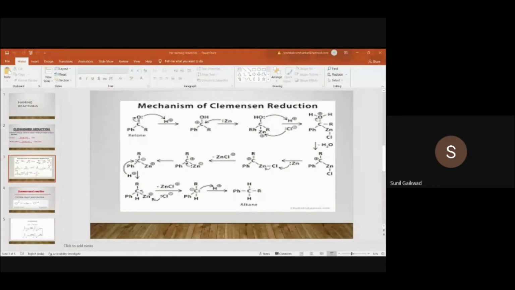Oxygen has two hydrogens. Sir, oxygen has shared its lone pair with hydrogen here, so oxygen got a negative charge.